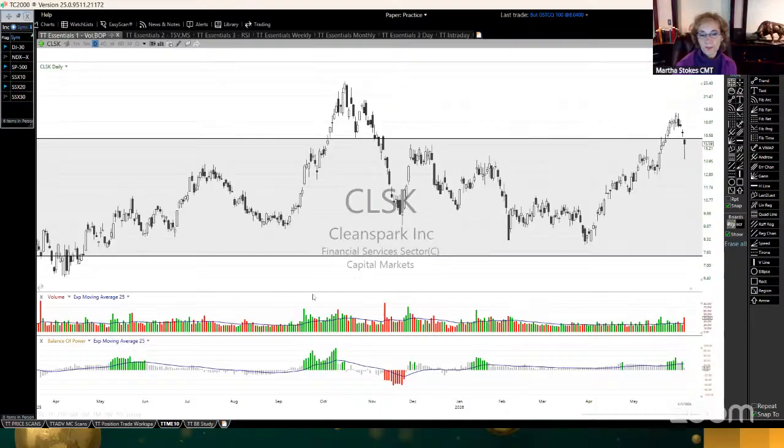But I would also investigate what the capital market does, because it may be that this activity that we're seeing from the buy side is actually preceding someone taking the company over. This looks to me like a company that has potential to be taken over by CBOE or whomever could use the capital markets that they have.